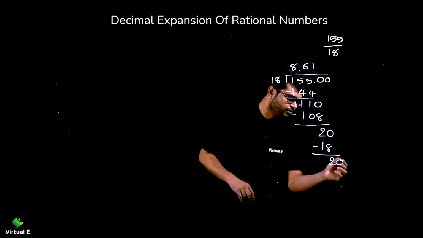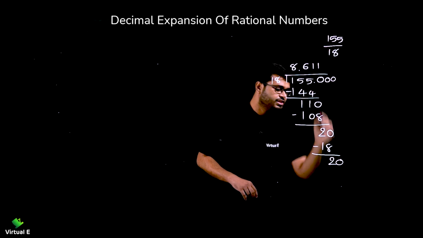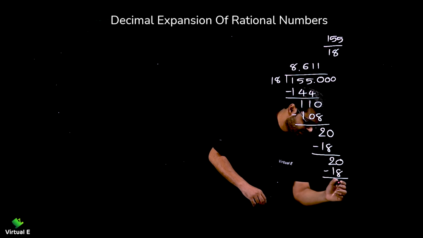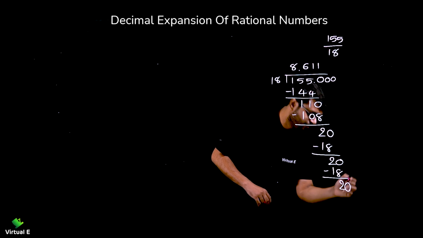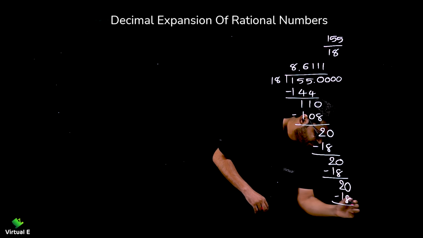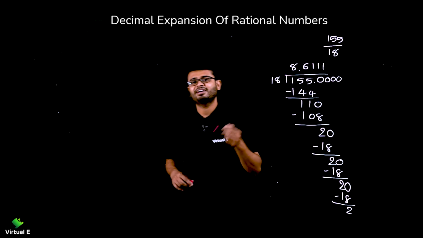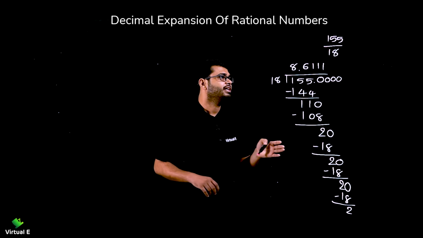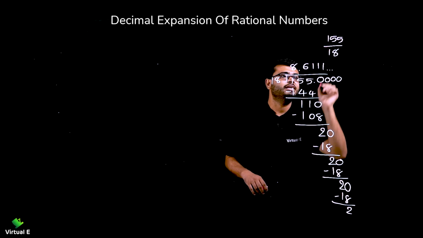Let's borrow 1 0, so 18 ones are 18 again, right? Minus, and let's say 2 0 and 0 and 0 as well. So if you see over here, we keep getting 2 again and again and again, right? So it's not going to terminate, right? It will be non-terminating, right?